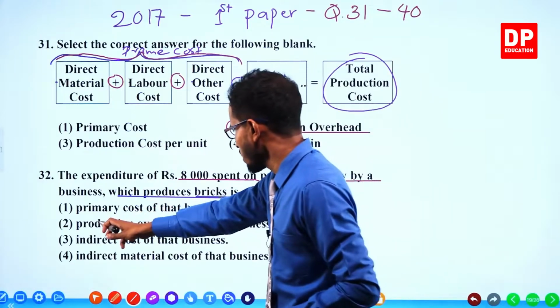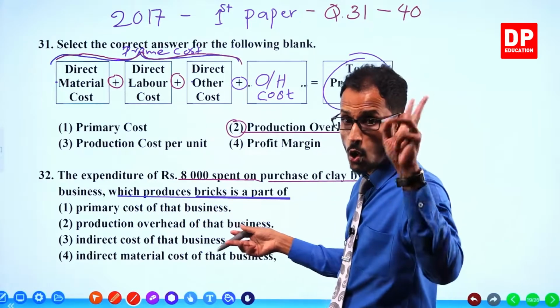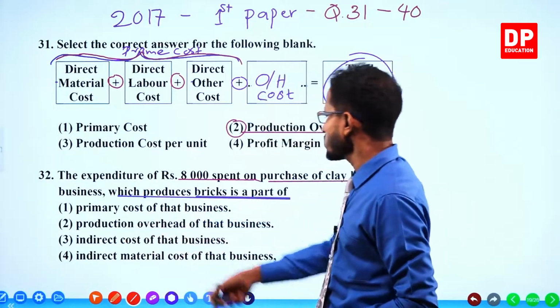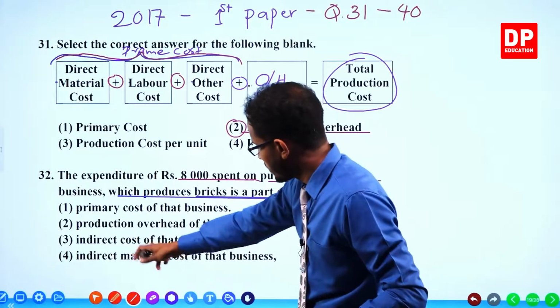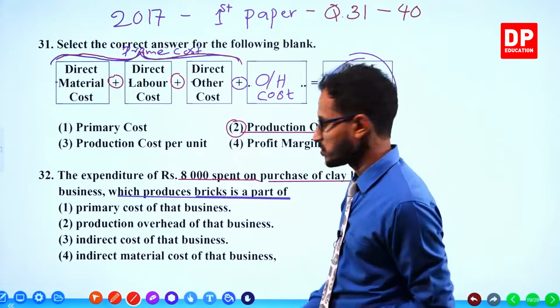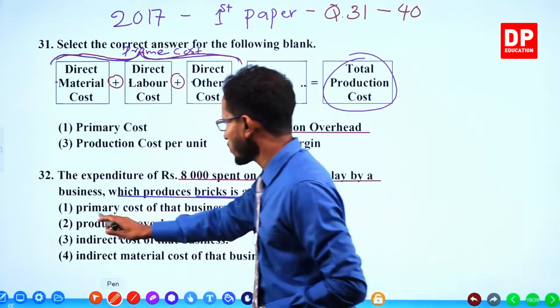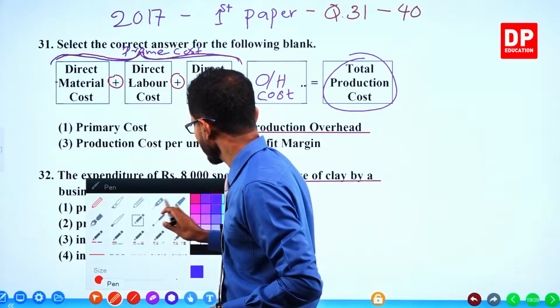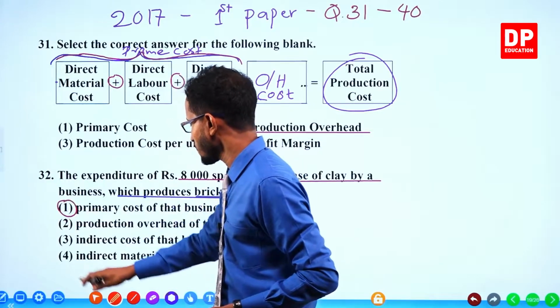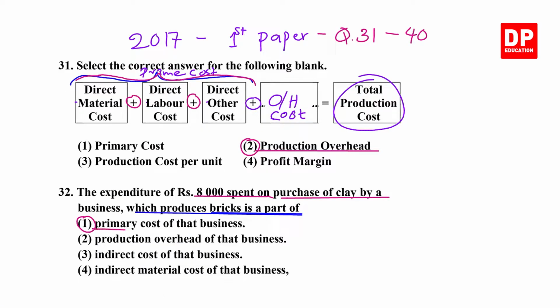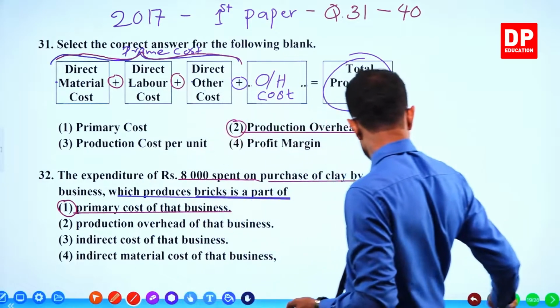Is it a part of the production overhead cost? No. Indirect cost? No. Indirect material? No. Direct material is a part of prime cost. Answer is this. Primary cost means prime cost. Moving on. Let's go.